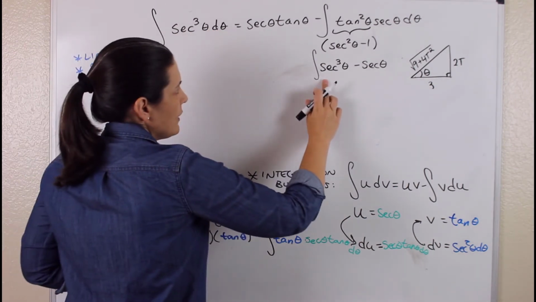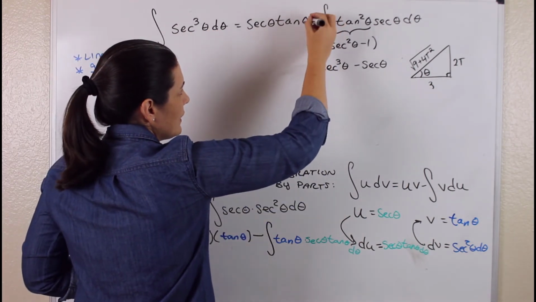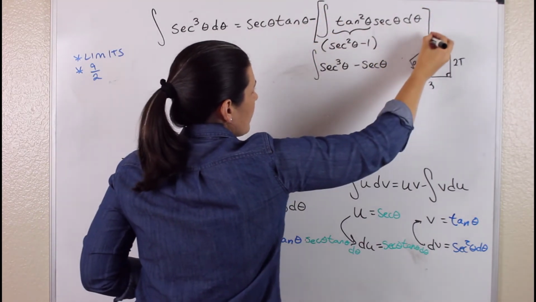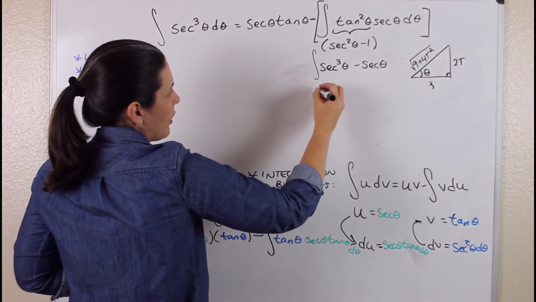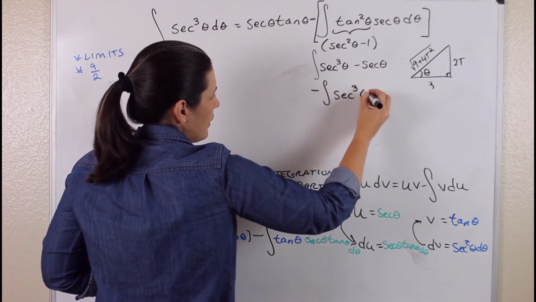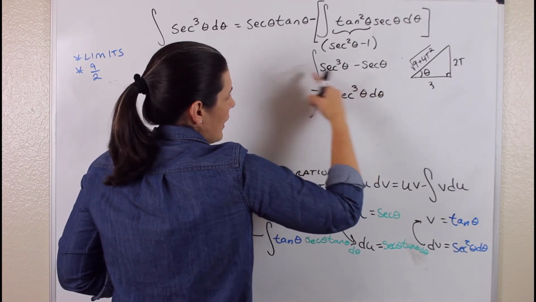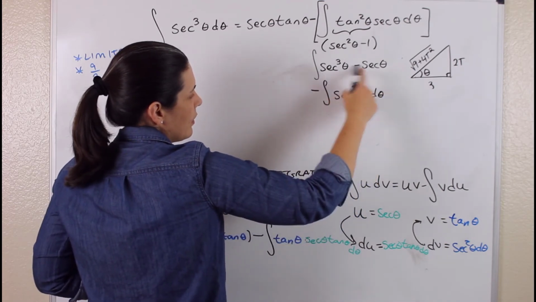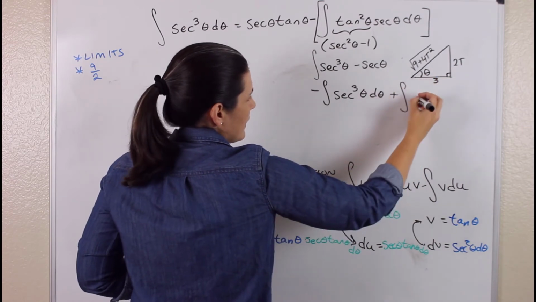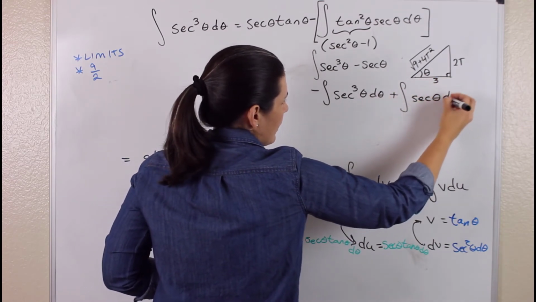So let me break this into 2 because this is technically minus this whole quantity here. So if I break this apart, this is minus the integral of secant cubed theta d theta, and then the minus and the minus here becomes plus the integral of secant theta d theta.